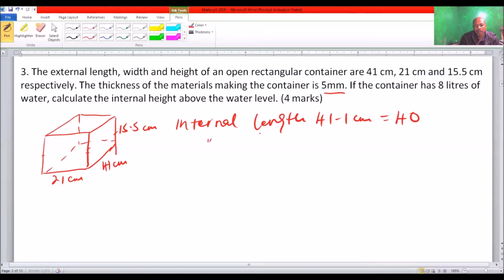Internal width is given as 21 minus 1, which is equal to 20 centimeter.